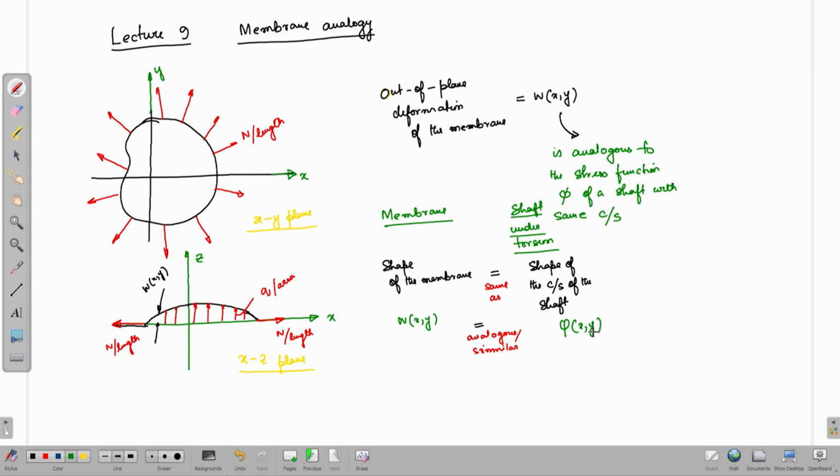Now, how is this useful? We can always visualize a membrane like this. We can visualize the out of plane deformation of the membrane, that is very easy to do. Once we can visualize that, then we can also visualize how will be the shape function of the cross section of the shaft.